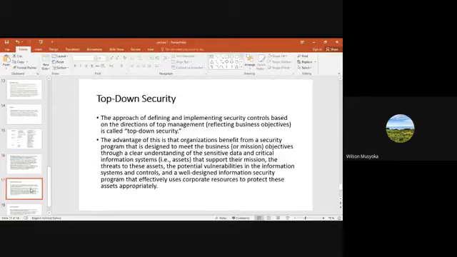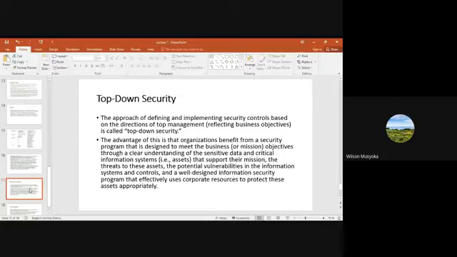So let us look at the best way to do it. The best way to do it is by using top-down security. Like we have said previously, it needs to be aligned with your business objectives, or as you develop your strategic plan, you need to have security as one of the factors to consider. So the approach of defining and implementing security controls is based on the directions of the top management, reflecting the business objective.